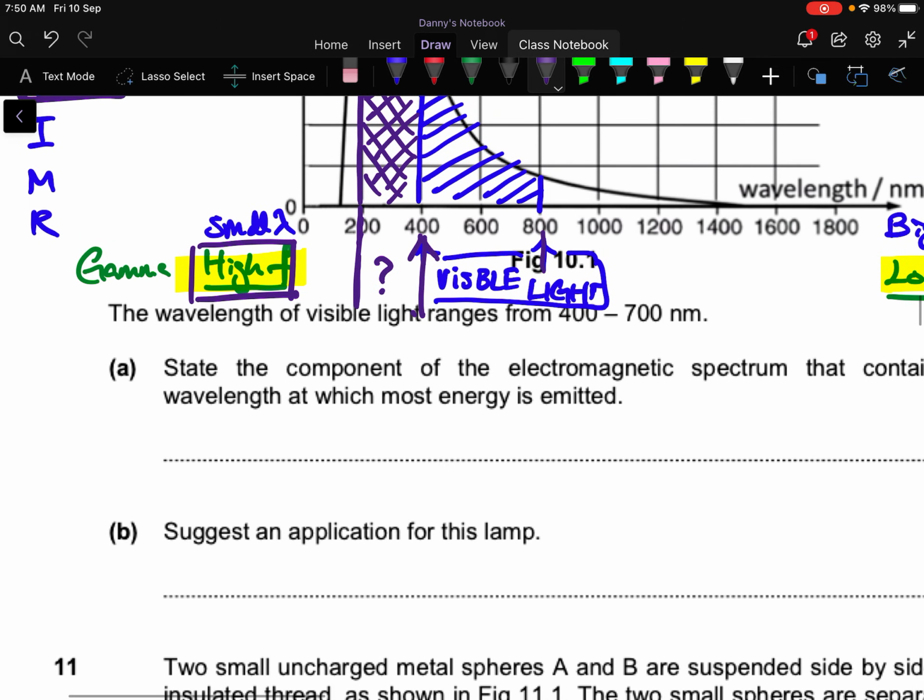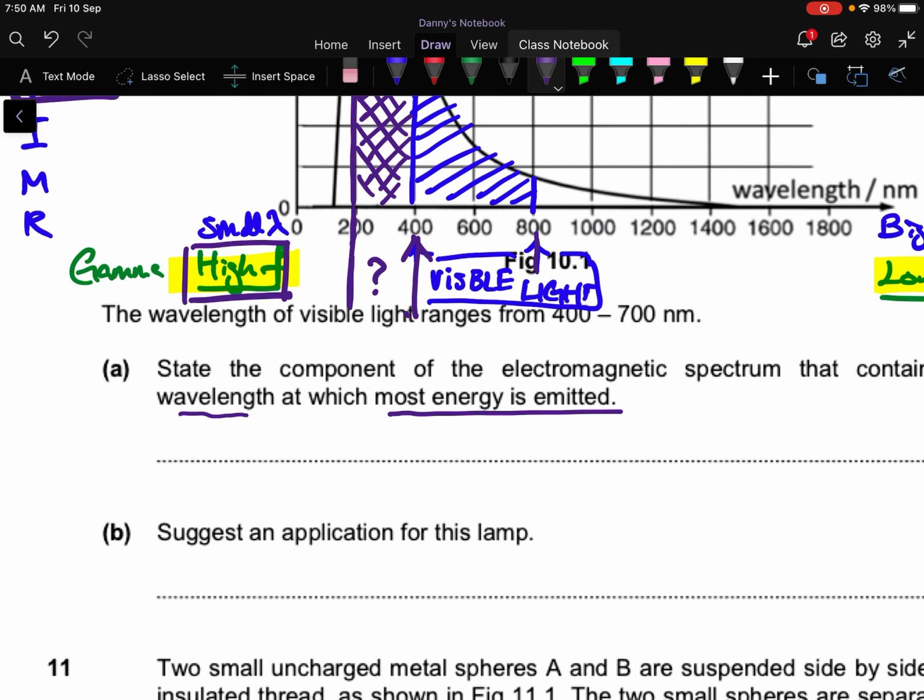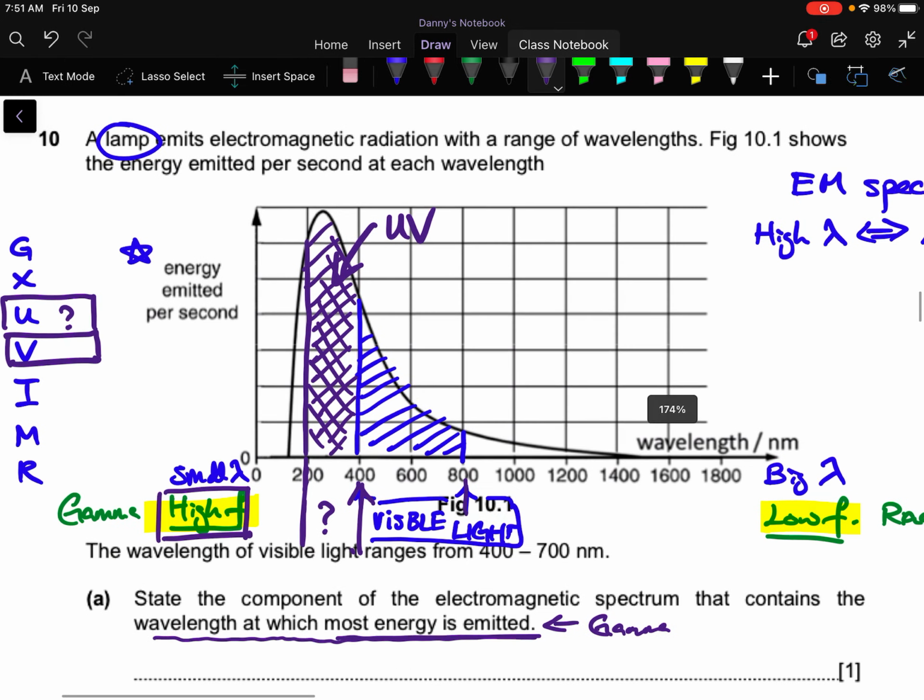Once I have that, I gain an understanding of my diagram. I look at the question. State the component that contains the wavelength at which most energy is emitted. I have a huge group of you that, when you read "select a wavelength at which most energy is emitted", you all quickly go and think of gamma ray. It is true. Gamma ray is a wave that will emit the most energy.